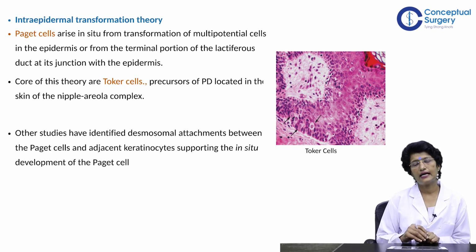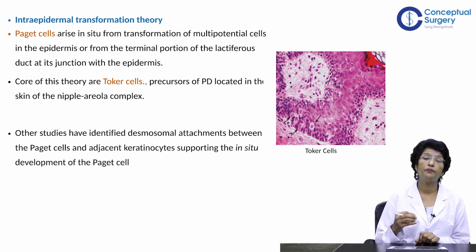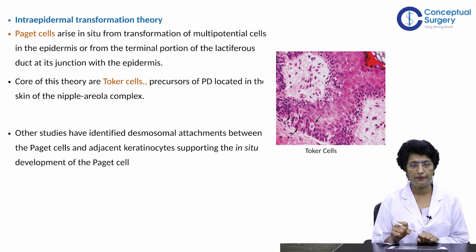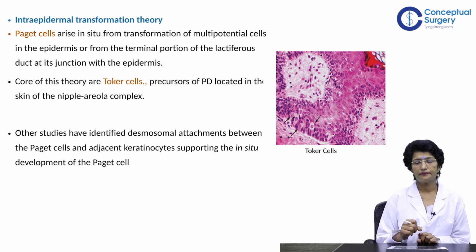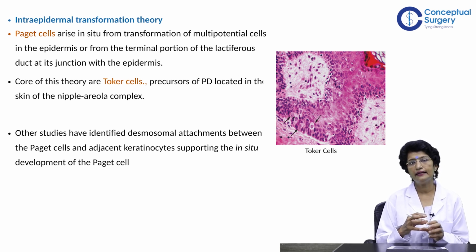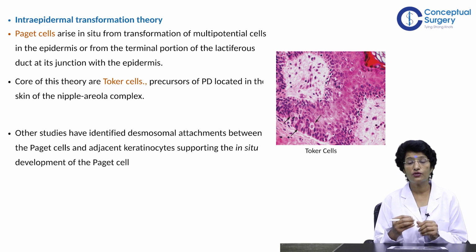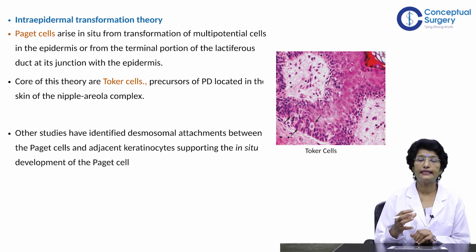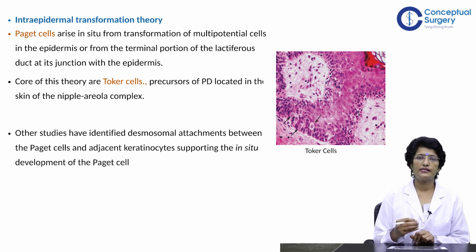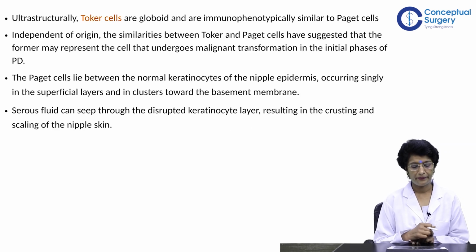Toker cells are proposed to be precursors of Paget's disease, located in the skin of the nipple-areolar complex. Besides this theory, other studies have identified desmosomal attachments between Paget's cells and the skin cells, or keratinocytes, and this supports the in situ development of Paget's disease without the presence of an underlying cancer.